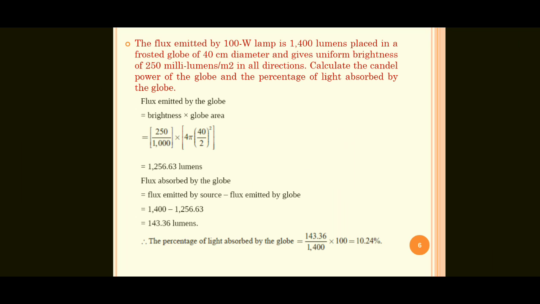250 millilumens, so we have to convert it into 250 by 1000. Area means 4 pi r square.